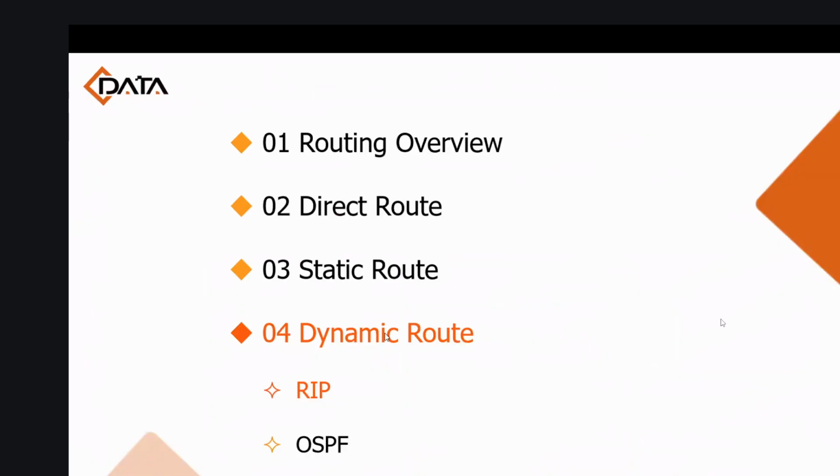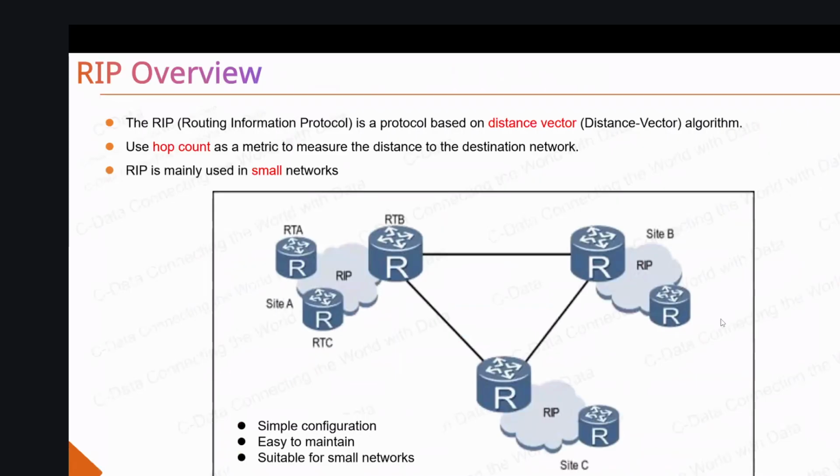Okay, so for the dynamic routes, we have RIP, we have OSPF. Actually, RIP so far is not so popular, but it's still typical. This is why I need to introduce it, because RIP is the typical distance vector protocol. He will calculate by the hop count.